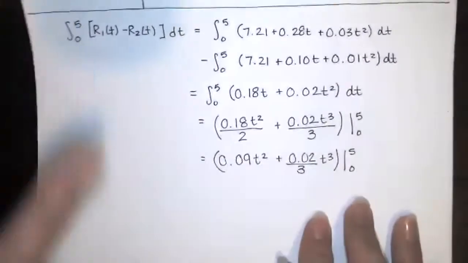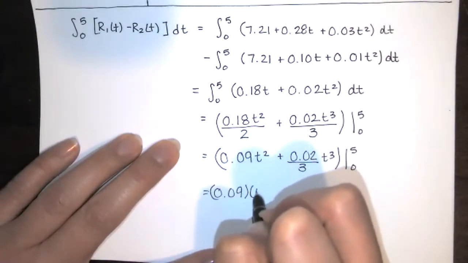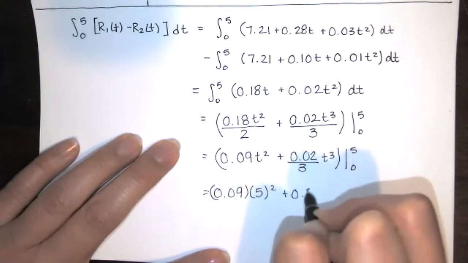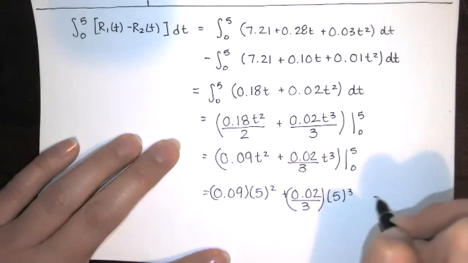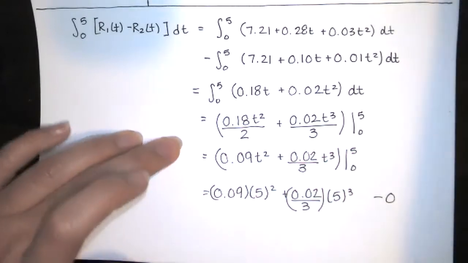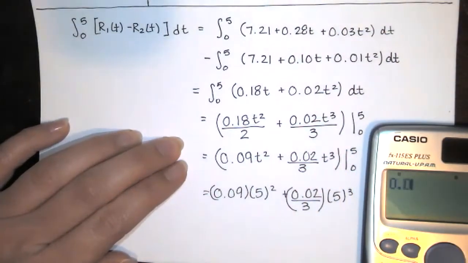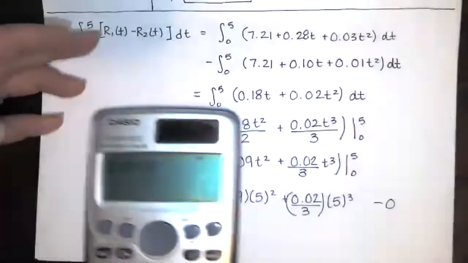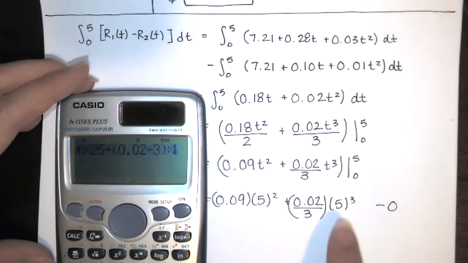And then if we plug in 5, this is what we get. If we plug in 0, we just get 0. So I have 0.09 times 5 squared, which is 25, plus 0.02 divided by 3 times 5 cubed, which is 125.